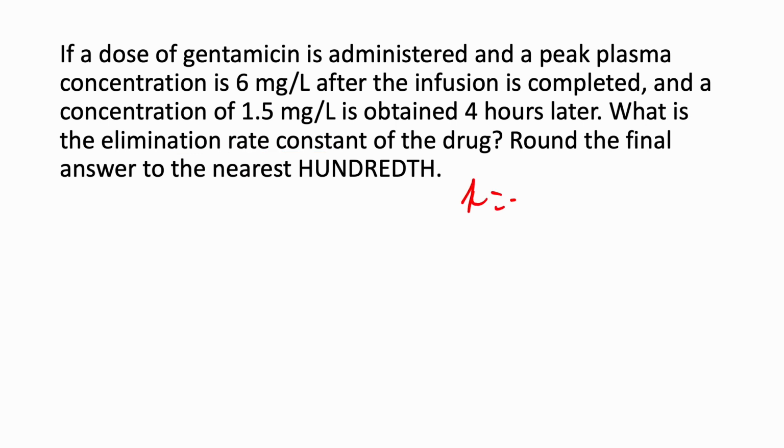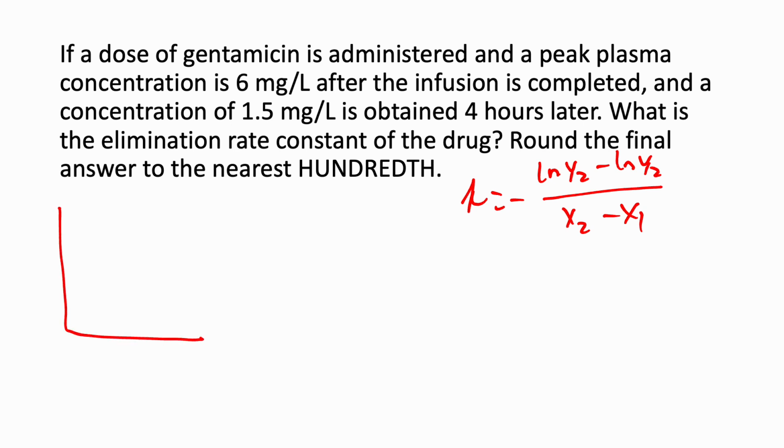K will be the negative value of natural log of y2 minus natural log of y1, divided by x2 minus x1. So in this case, this is the infusion. It takes infusion of the drug, and when it reaches the peak here and the infusion stops, the peak here is 6 milligram per liter.